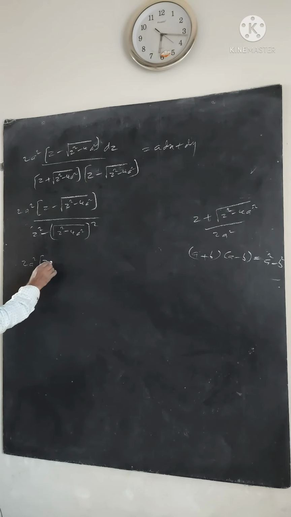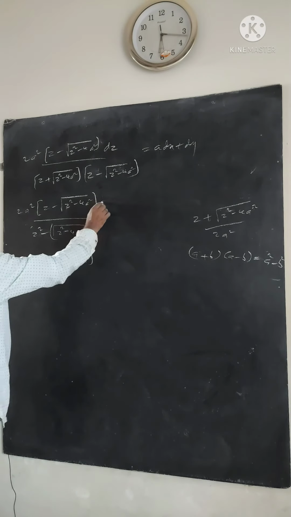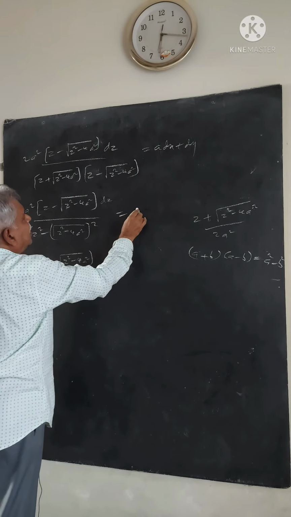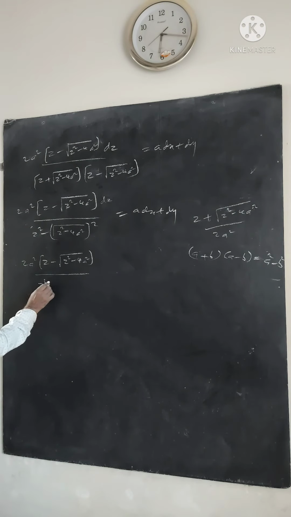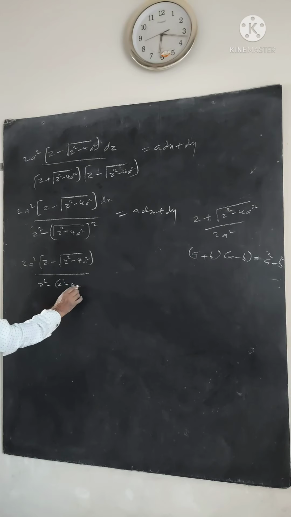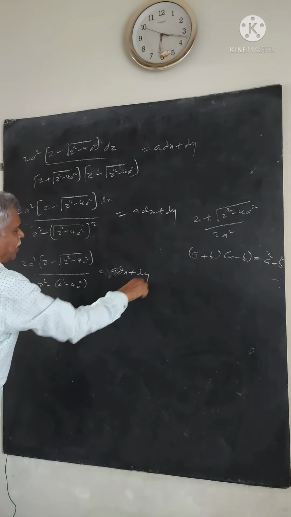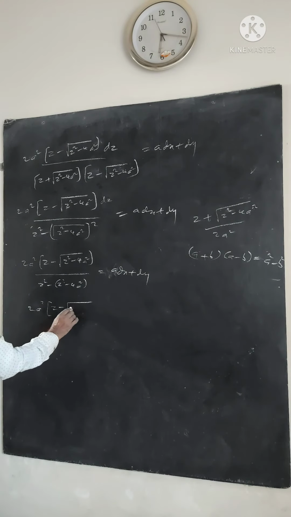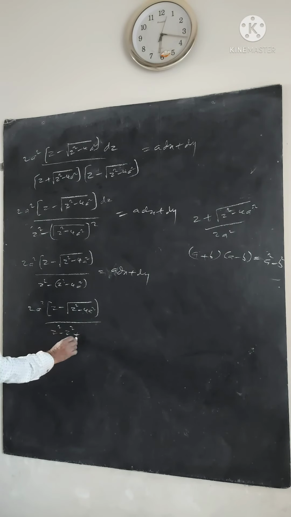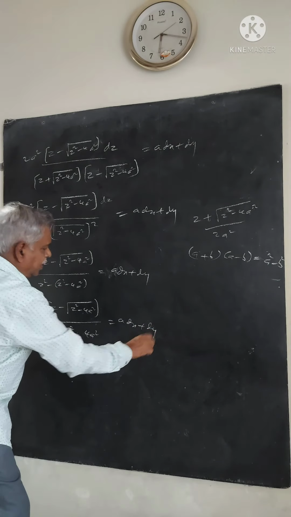2a square dz times z minus root of z square minus 4a square, by z square minus z square plus 4a square, equal to a dx plus dy.